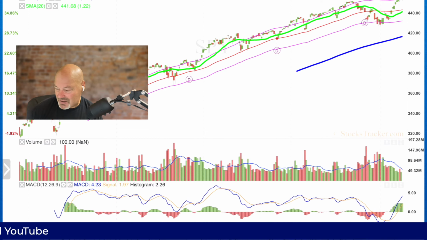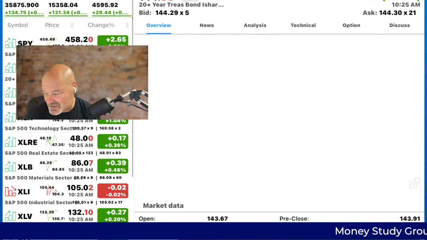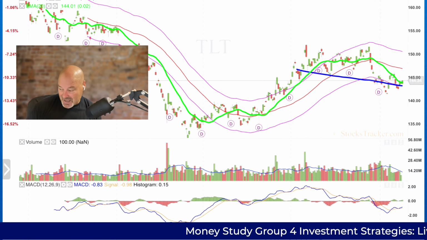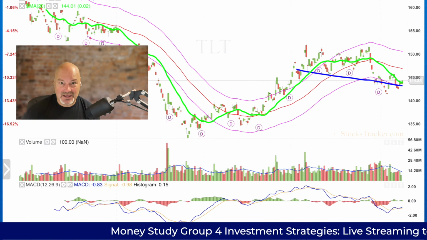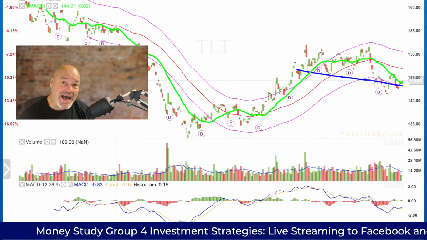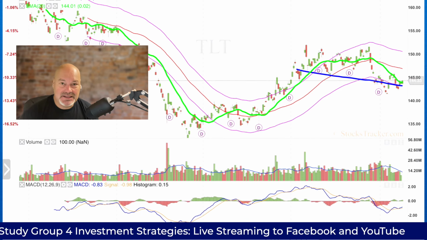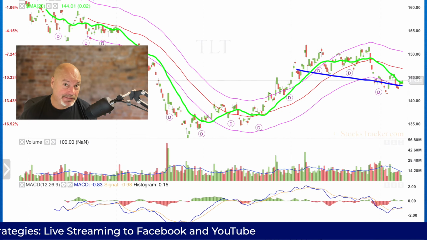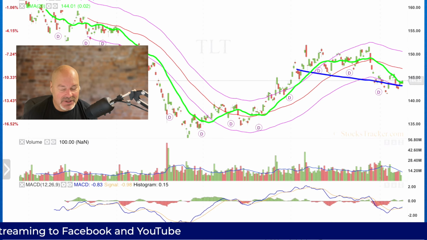If you compare this chart of these large cap US stocks with this bond fund that's supposed to be safe, here's the thing. The value of a bond is inversely related to the interest rate. So again, I don't want you to be an expert.